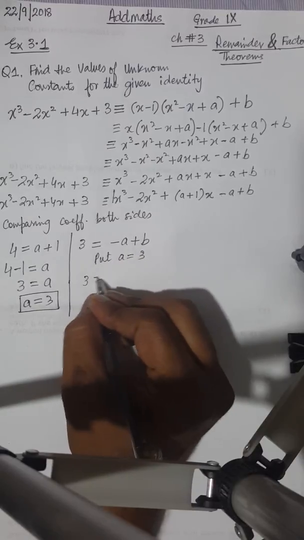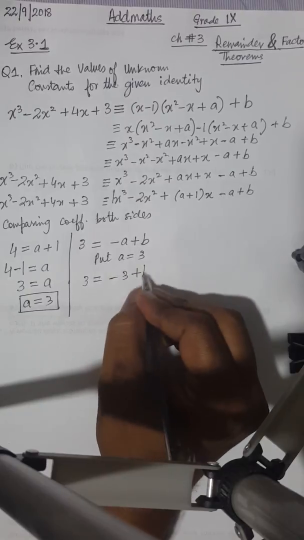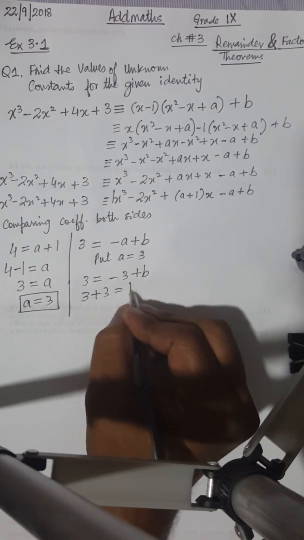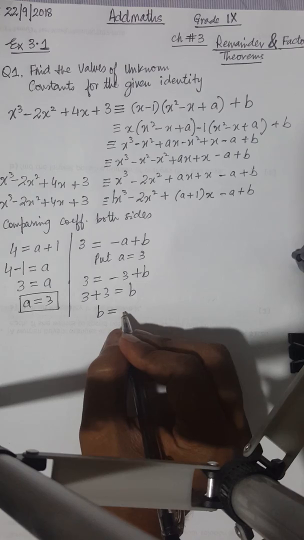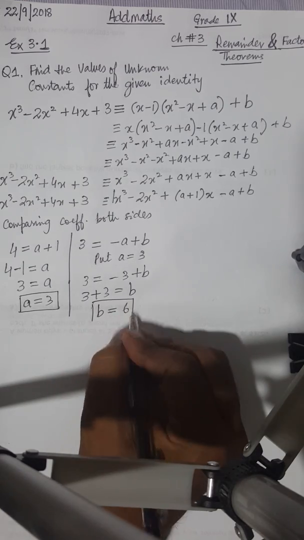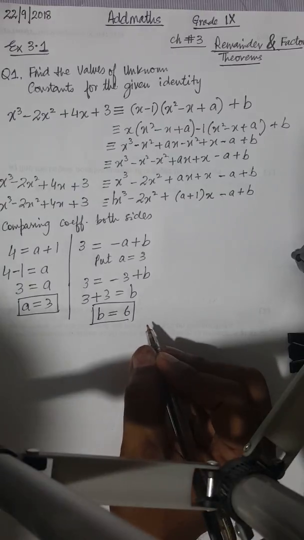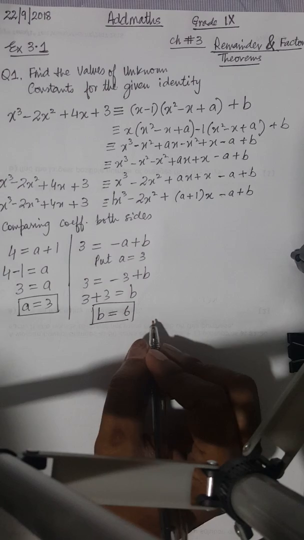So we have 3 equals minus 3 plus b. Bring this 3 on this side. 3 plus 3 is equal to b. And finally we get the value of b as 6. So this is how we find the value of the unknown constants from the given identity.